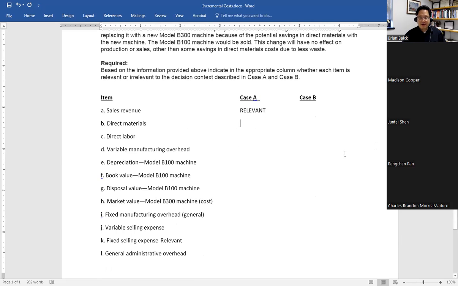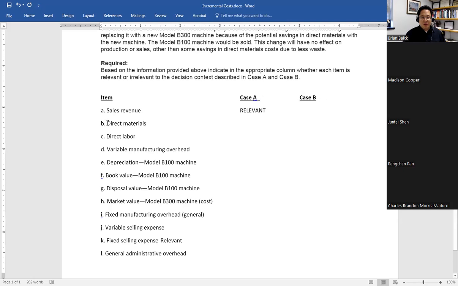Yes. Is it something I have to think about? Sure. Another easy way to think about this is: is the item going to be different? Is sales revenue going to be different if I add a machine or don't add a machine? Of course it's going to be different. That's important to think about. How much extra sales revenue might I have if I add a machine or not?